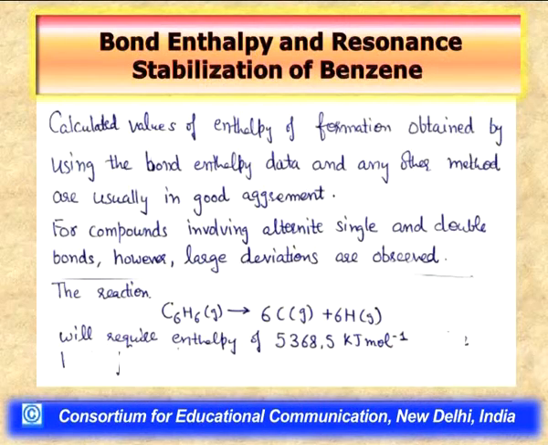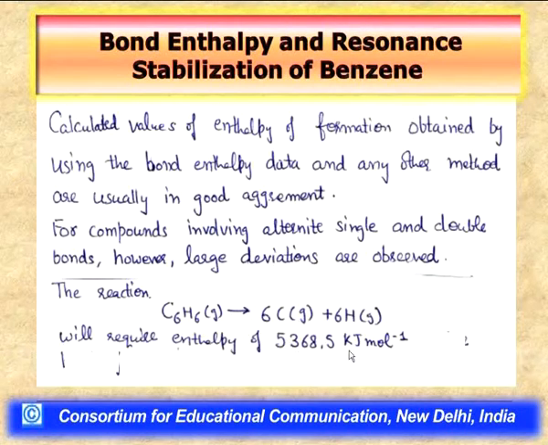also have a look at the resonance stabilization of benzene from the viewpoint of the enthalpy of formation calculated using the bond enthalpy data. Suppose, for example, we want to decompose benzene in order to get 6 carbon atoms and 6 hydrogen atoms.